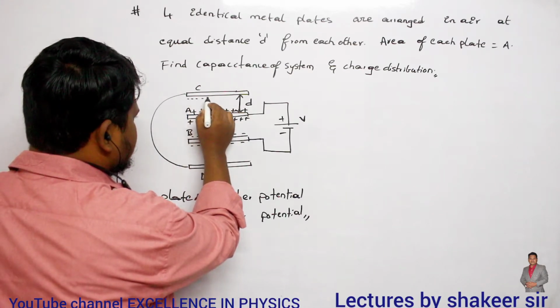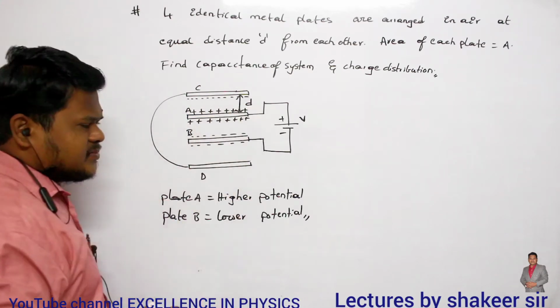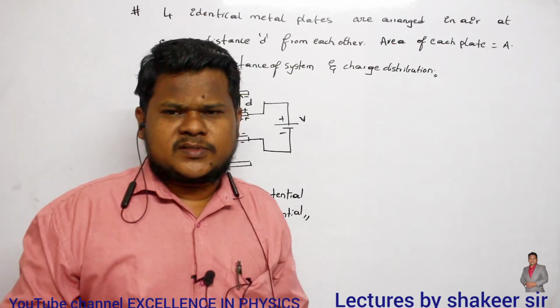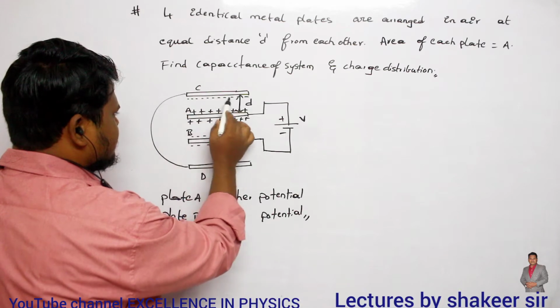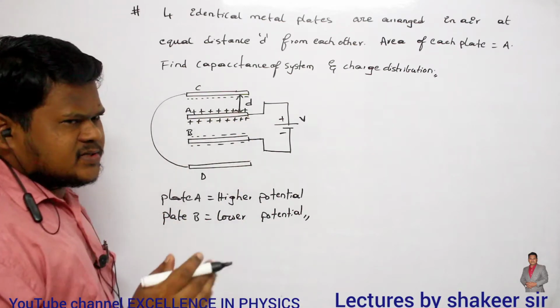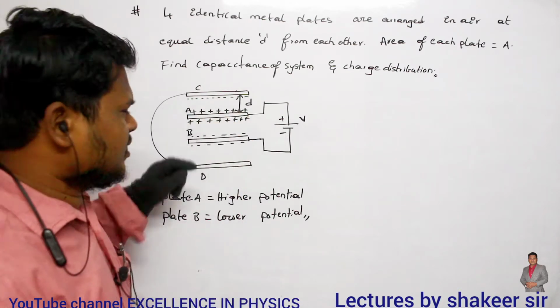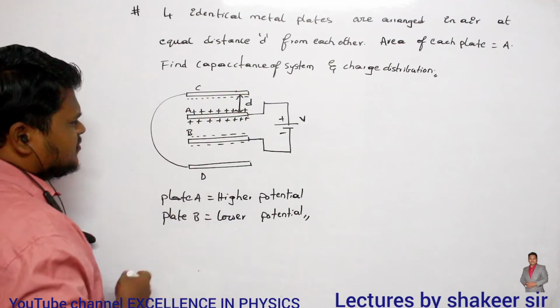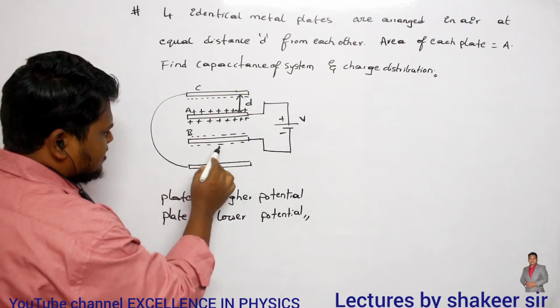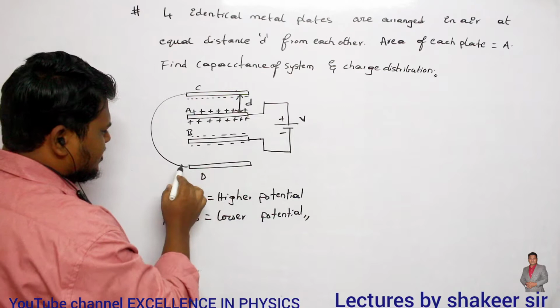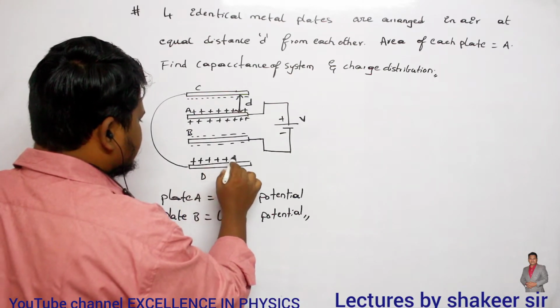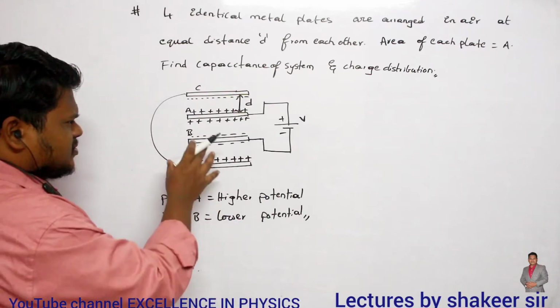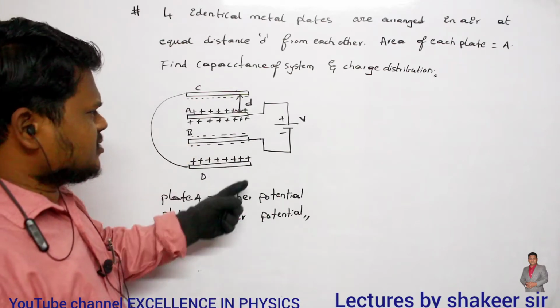What will be the magnitude of the charge? Same magnitude, but exactly the opposite type of charge. Similarly, if plate B is negatively charged, then plate D should be positively charged. Clear? So this is what you call the distribution of charges.